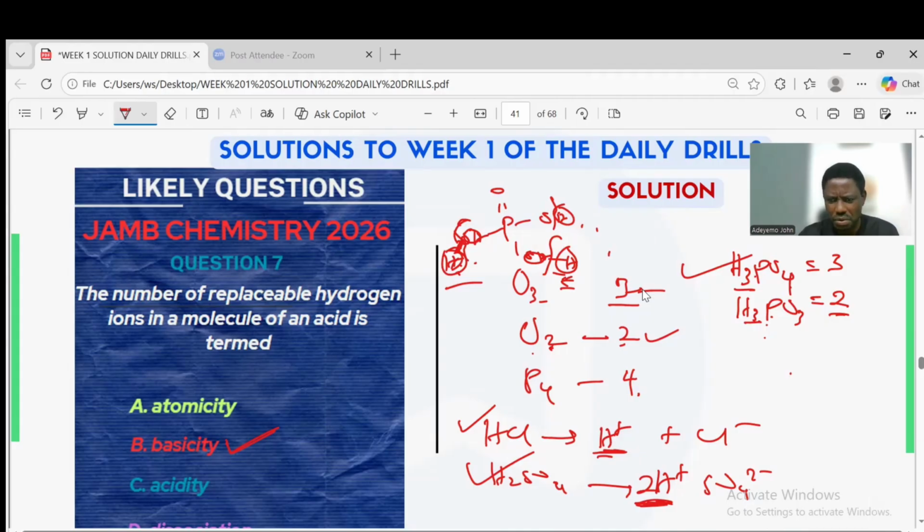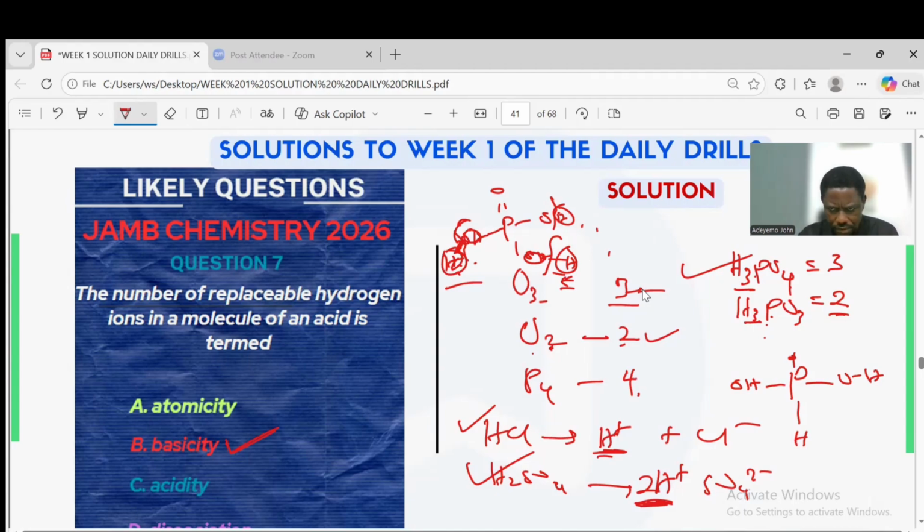If it is H3PO3, look at that. It only has 2 OH. Can you see?